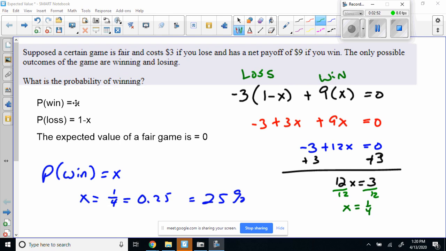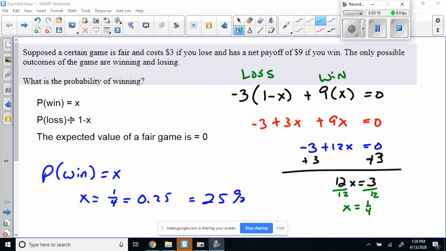How about that? Okay? So you either have a percentage of winning, probability of winning, or probability of losing. But the highest you can get is 100%, right? You can't get any higher than 100% of winning, which would be 1. So if we know that the probability of winning is 0.25, that's what we solve for, right?